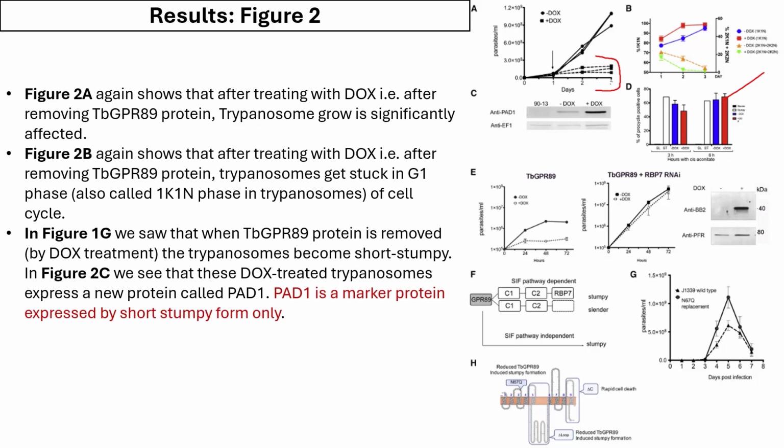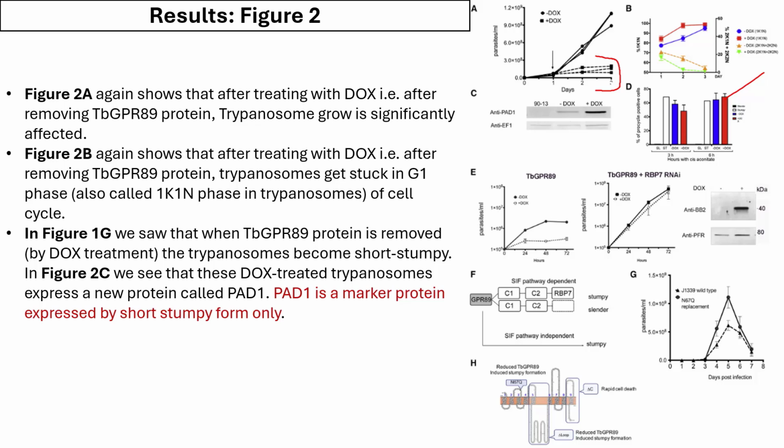Now in figure 1G, we saw that when GPR89 protein is removed by treating with doxycycline, the trypanosomes become short and stumpy. Again, in figure 2C, we get another evidence that after removal of GPR89, the trypanosomes become short stumpy, because remember that we had 3 clues for why we can say that one trypanosome is stumpy.